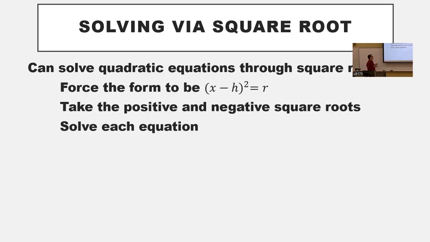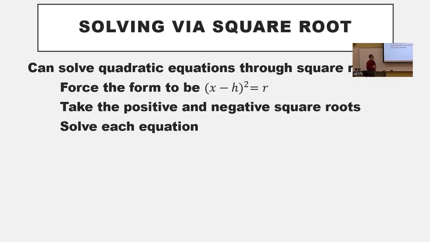And if I have this, then I'm going to take the positive and negative square root of r and set that equal to x minus h. So x minus h is going to be equal to the positive square root of r and the negative square root of r. So x minus h could have been square root of r or negative square root of r.